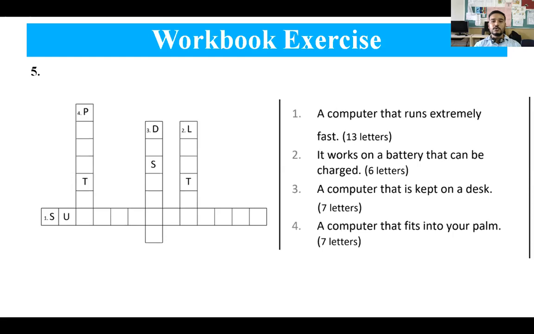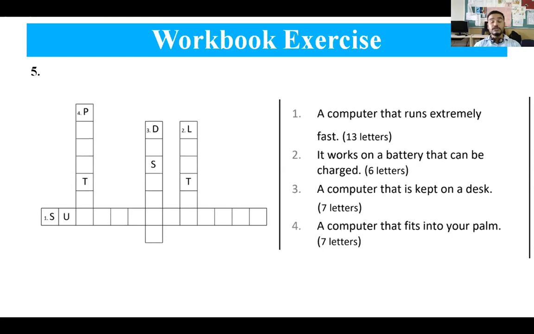So here crosswords are given, some hint is given. Okay, so for first one, a computer runs extremely fast. It is 13-letter word and it starts with SU. So with what is the computer that works very fast? So it is supercomputer.